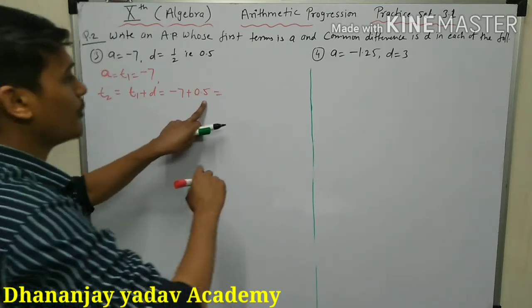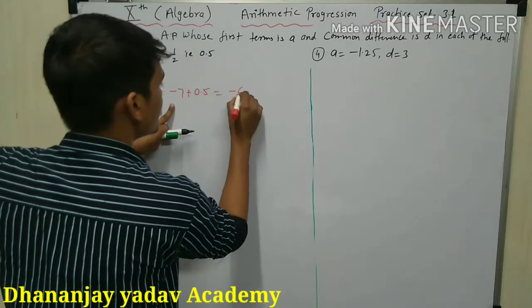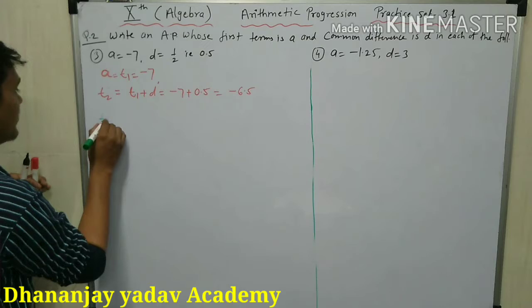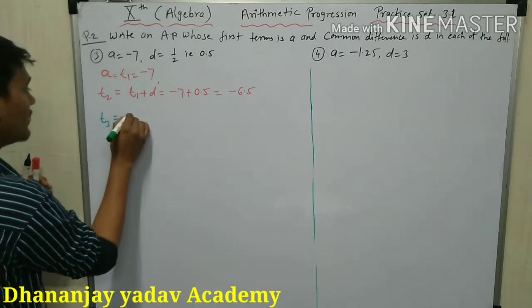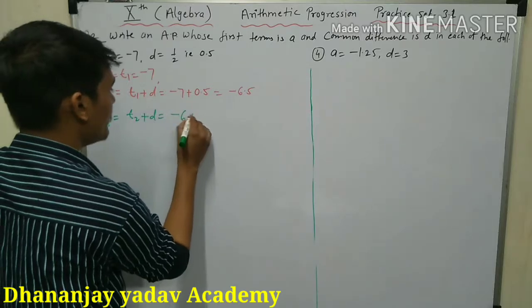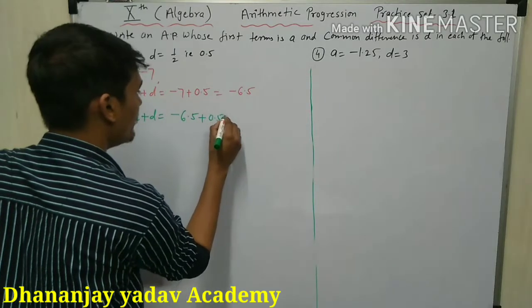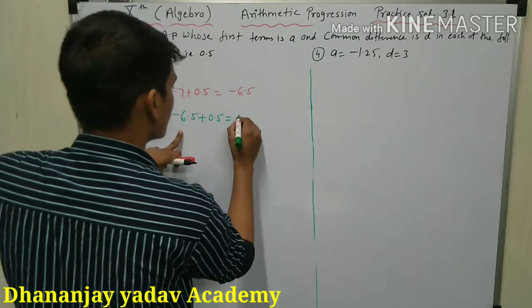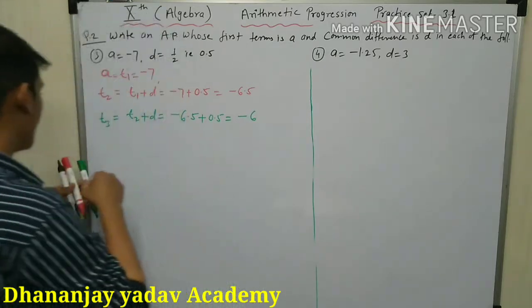Minus 7 plus 0.5 is minus 6.5. Understood? Now T3 is equal to T2 plus D. T2 is minus 6.5 plus 0.5, equal to minus 6. Understood?